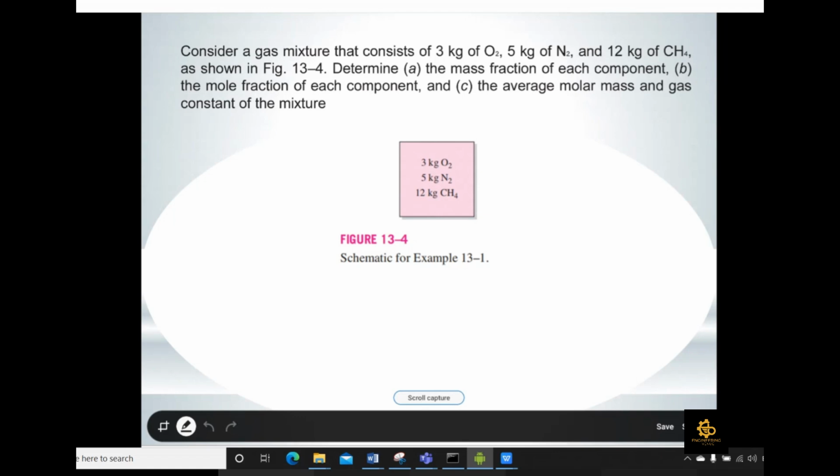So what you have to determine is the mass fraction of each component, the mole fraction of each component, and the average molar mass and gas constant of the mixture. These things we have to find using this data. So note down the data, then we move towards the next part.